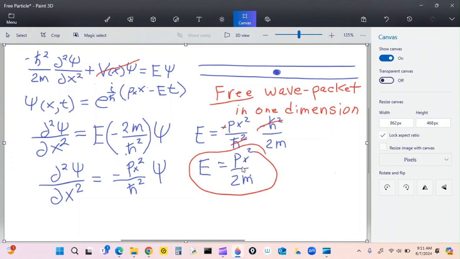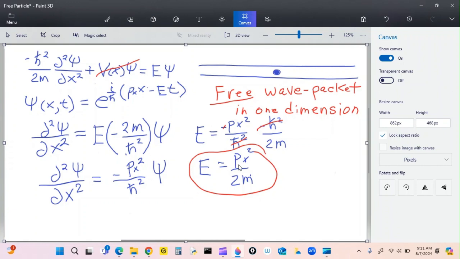That means that for any momentum, it doesn't have to be a particular kind of momentum. Any momentum value that we come up with is going to give us an energy. Any momentum value and mass of this thing, so it'd be the mass of an electron. That electron can have any energy level in the world depending on what its momentum is.